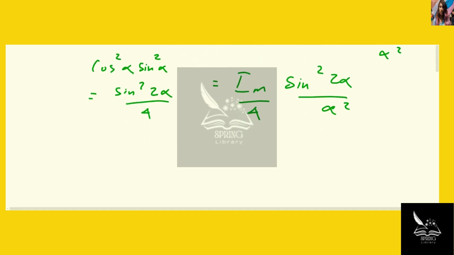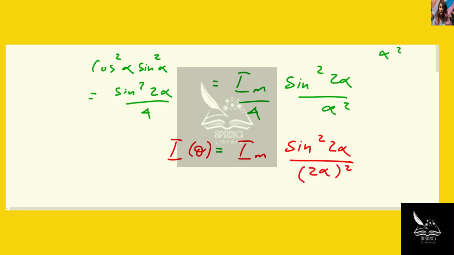So we continue and see that I theta is the same as Im sine squared 2 alpha all over 2 alpha squared. The reason why this is 2 alpha squared is because if you have 4 alpha squared, this simplifies to 2 alpha squared. So 2 alpha squared is going to give you the same thing, like that.